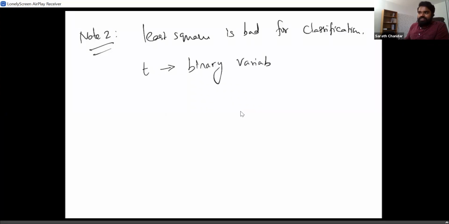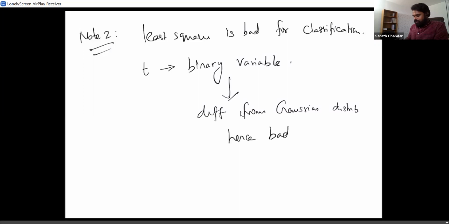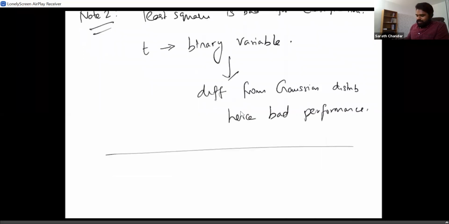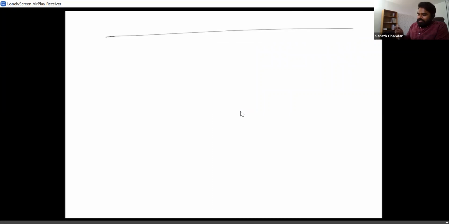The target is a binary variable, so this binary distribution is going to be very different from the Gaussian distribution, and hence the bad performance. So this probabilistic view of least squares also tells us why it is a bad idea for classification. That is an interesting connection between least squares and maximum log likelihood. Now let's get back to logistic regression.